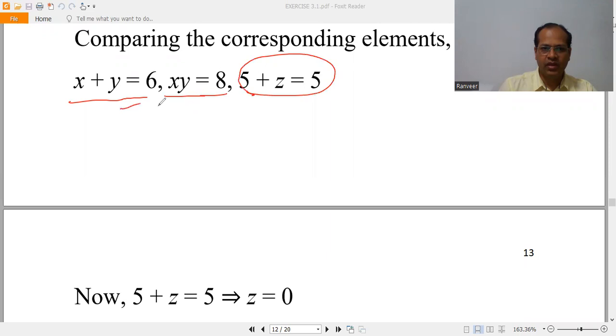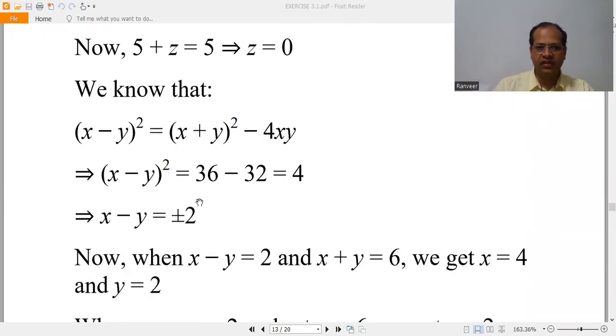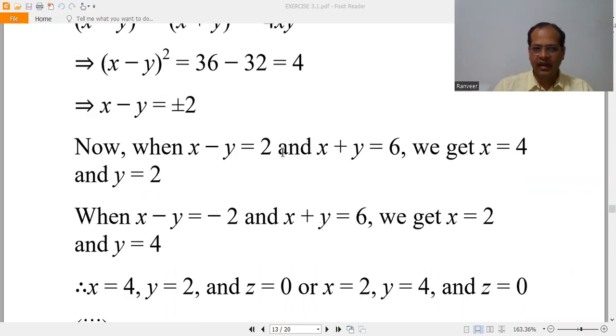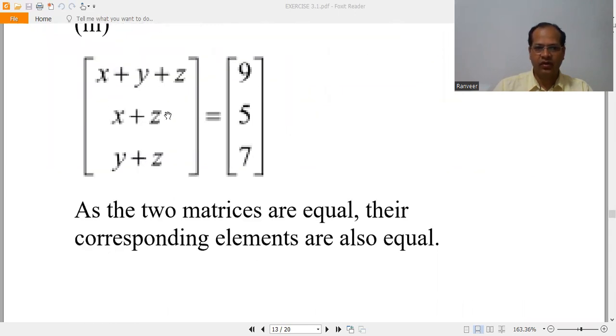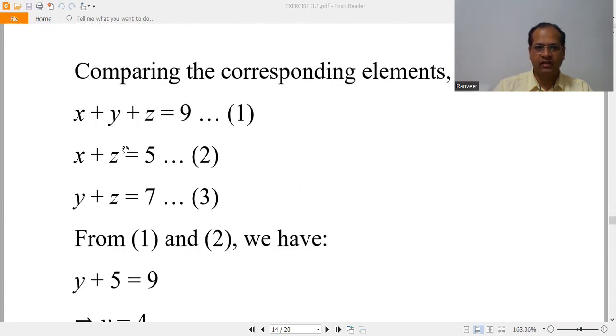So from this two equation, we can find out the x minus y value, and two linear equation we can solve. x minus y whole square we can write like this. So x minus y is equal to plus minus 2. And this is the two linear equation we can solve. x plus y plus z equal to 9, x plus z equal to 5, y plus z equal to 7, and this value we can solve.